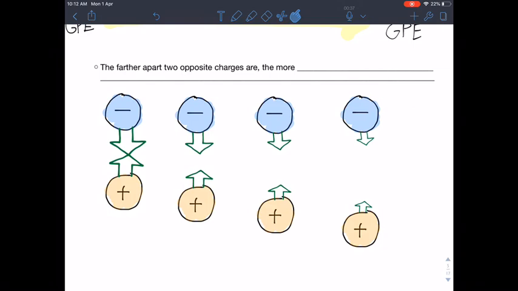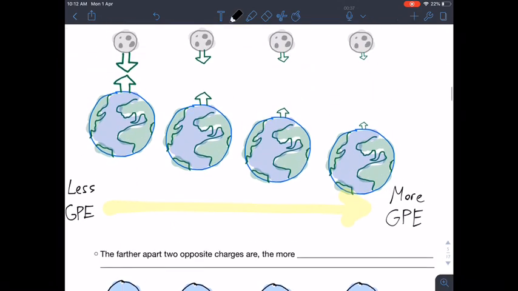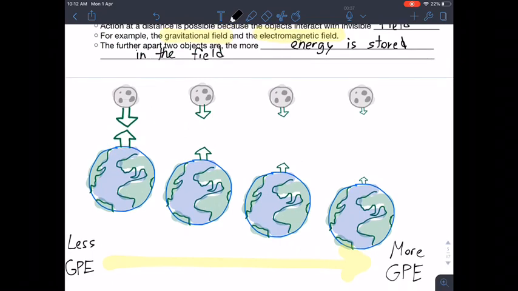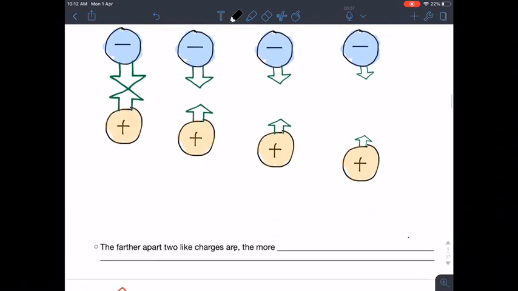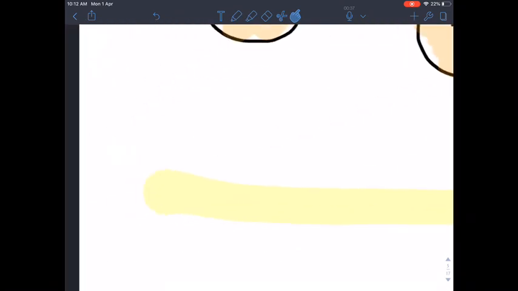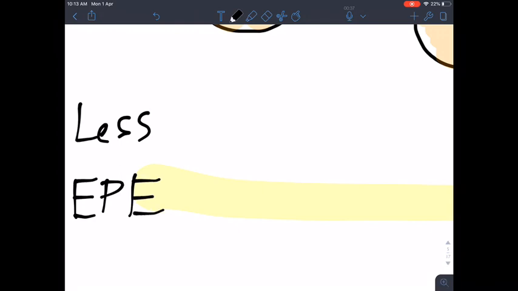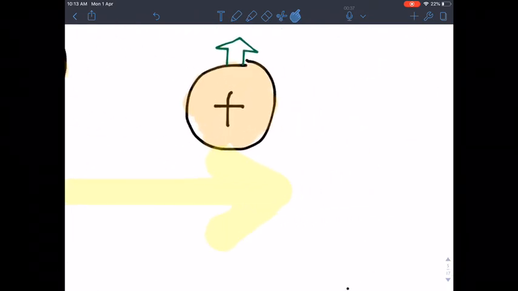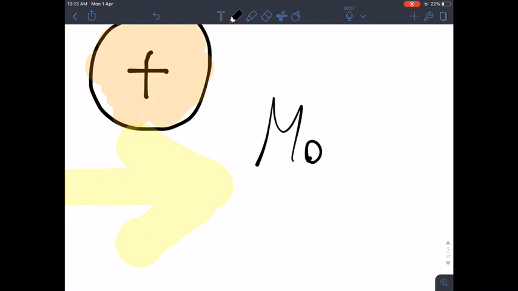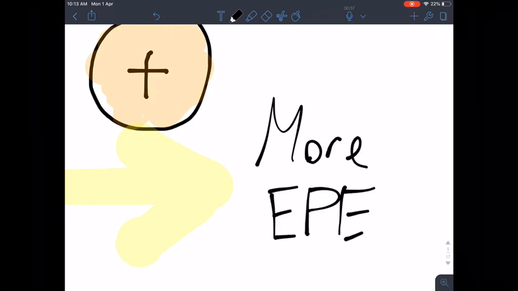If we look at this situation where we have opposite charges, they're attracted just like the moon and the earth are attracted. And so as we work to pull them apart, we're going to have less what's called electrical potential energy over here, and we're going to have more electrical potential energy over here.